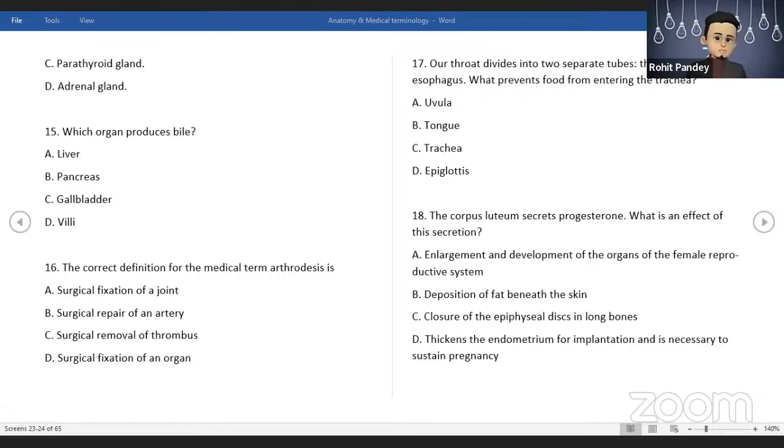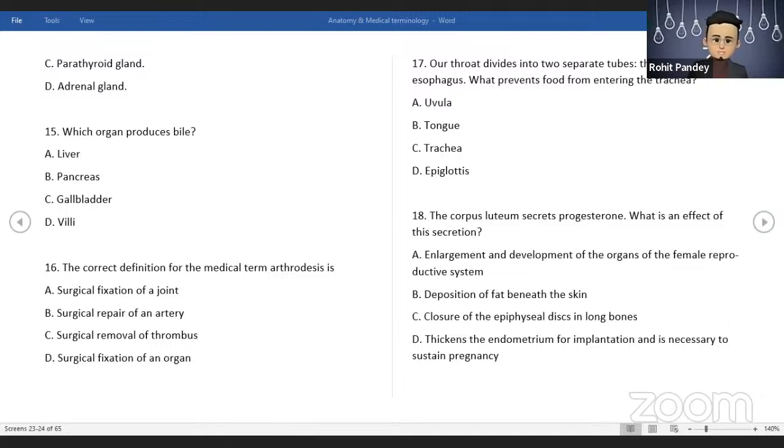Okay, so let me tell you something about the pituitary gland. I'm using Google, and it's taking so much time. Yes, your pituitary gland, also known as hypophysis, is a small pea-sized gland located at the base of your brain, below your hypothalamus.